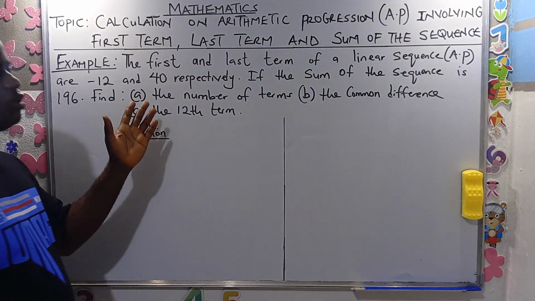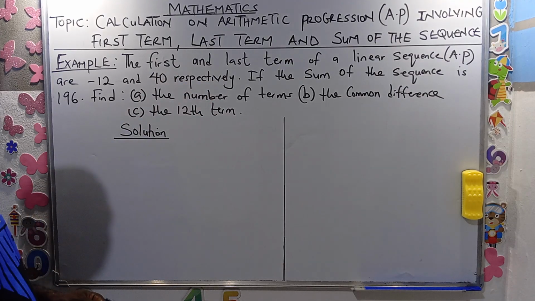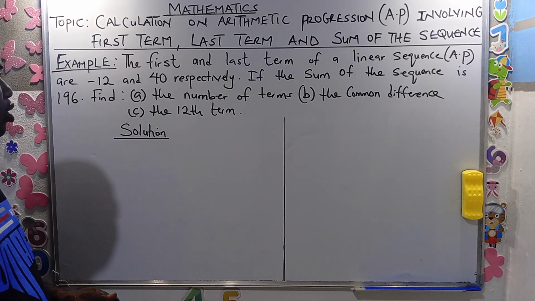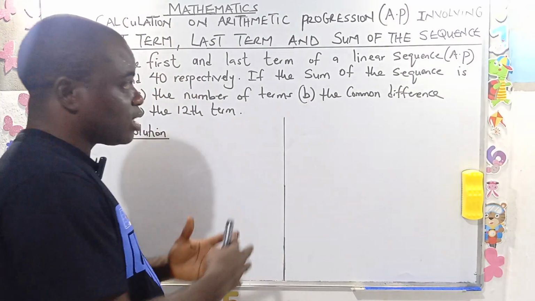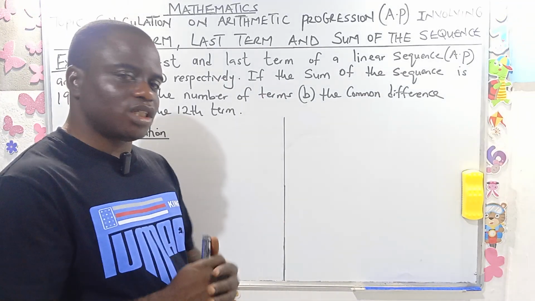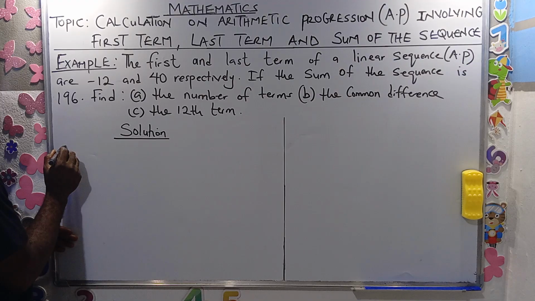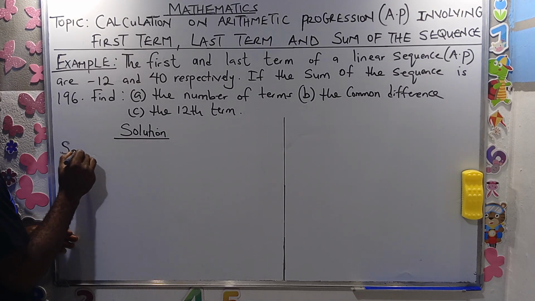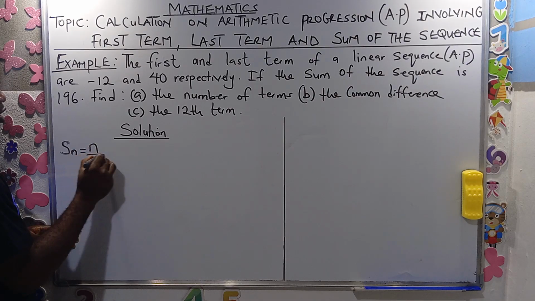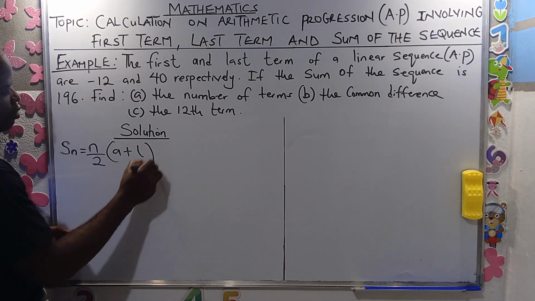The first thing is to write down the parameters so that it gives you the idea of the formula to use. You don't need to cram the formula, but by constant practicing, the formula will just stick into your memory. The first formula of sum of AP: Sn equals n over 2, open bracket, a plus l.